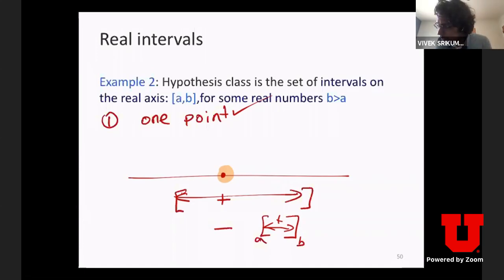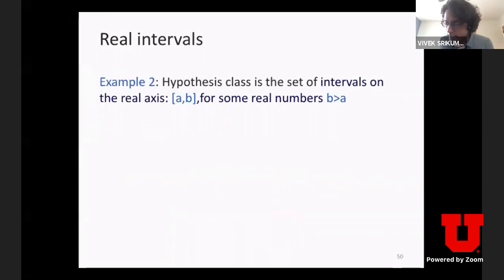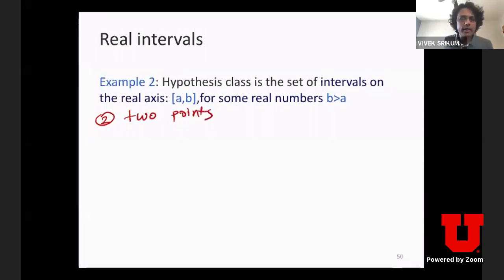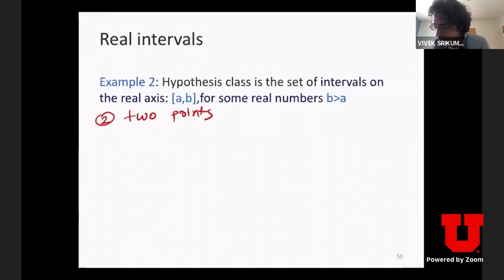Okay, now let's consider the next case where we have 2 points. Remember, 2 points is the case that broke the previous example. So let's go through this a little more carefully. Can 2 points be shattered?